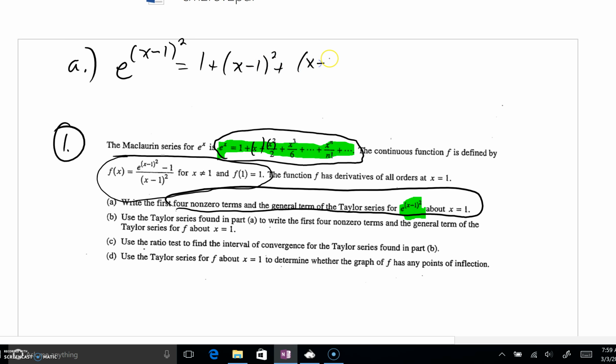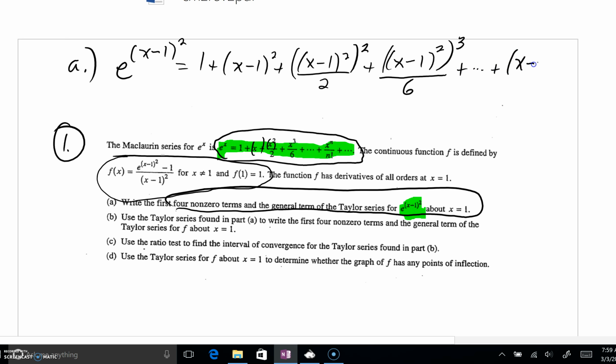Here's x minus 1 quantity squared, but the whole thing gets squared here. We'll have x minus 1 squared, but now we're raising that up to the third power. Dividing by 6, which is 3 factorial. We're even asked to go to our nth term, but we'll have x minus 1 squared, we're raising that up to the nth, dividing by n factorial.